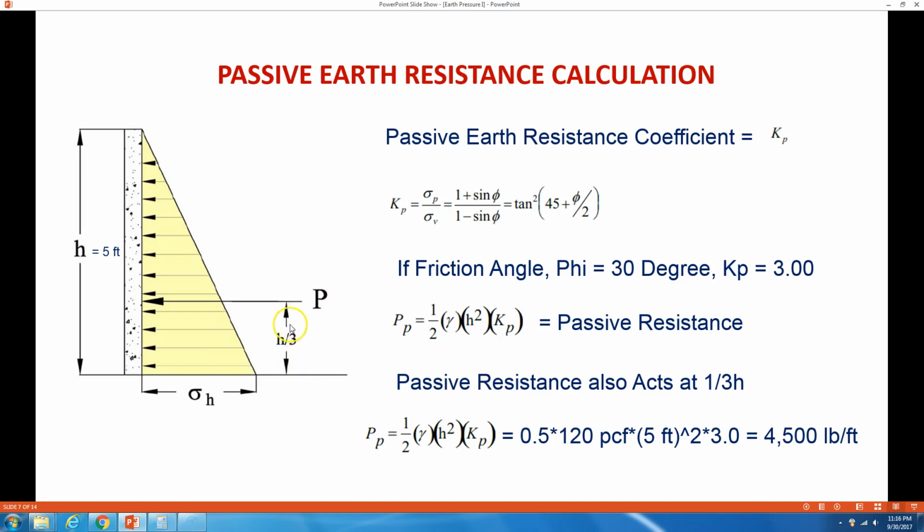It acts at h over 3, and it's the area of the triangle. So it's 1/2 gamma h squared Kp. So that's 0.5 times 120 for gamma times 5 feet squared, which is the buried height, times the K sub P, which is 3.0, and that gives us 4,500 pounds per foot.